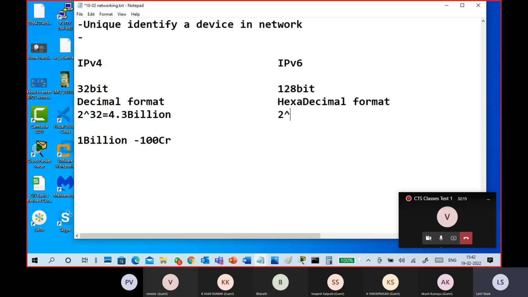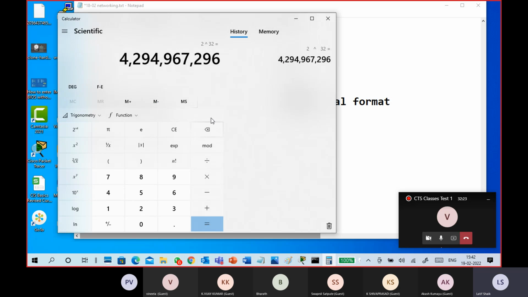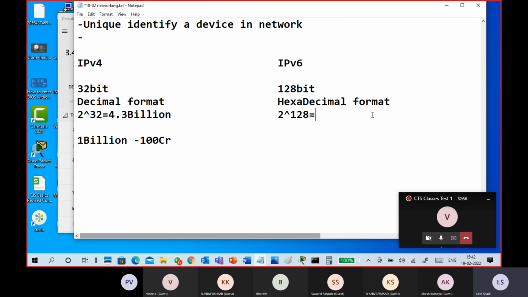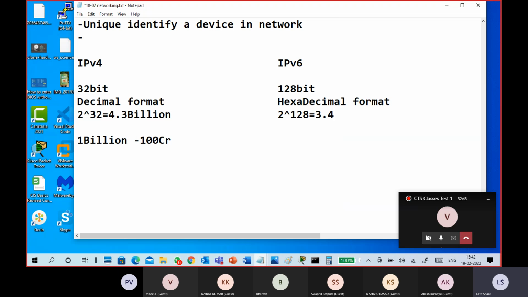Sometimes that is also a question. So for IPv6, the number of IP addresses is 2 to the power of 128, which is exactly 3.4 into 10 to the power of 38.